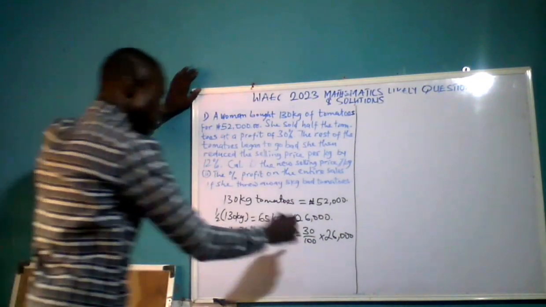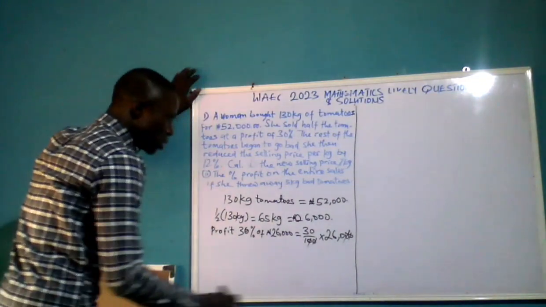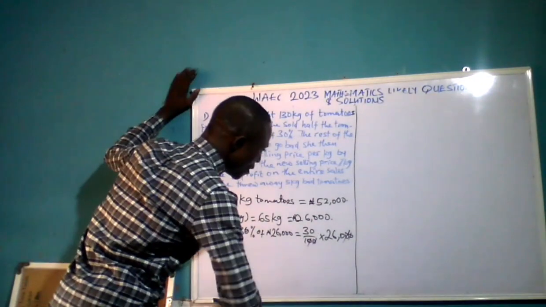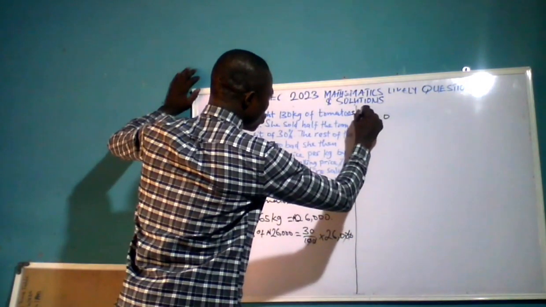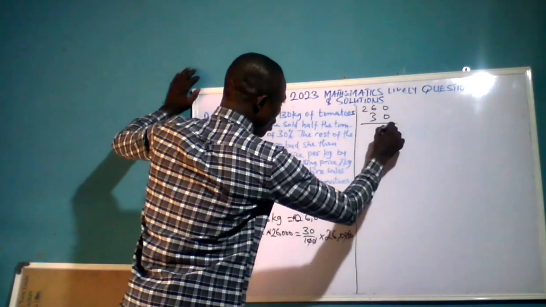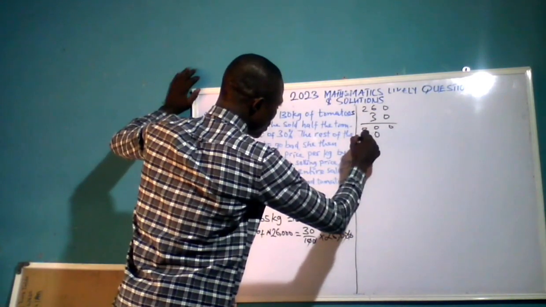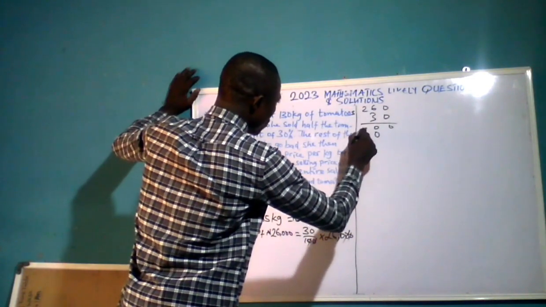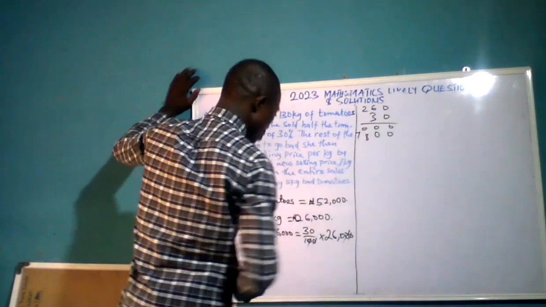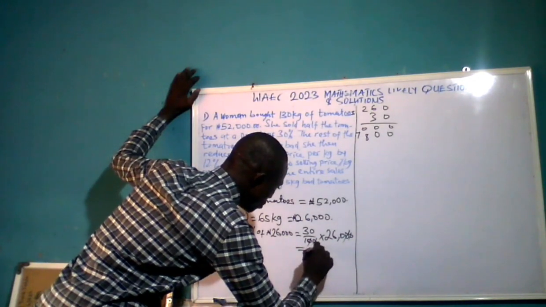Zero cancels zero, zero cancels zero, so we are left with 30 multiplied by 260. You have 0, 0, then 0, you have 18, so you write 8, remainder 1, you have 6, 6 plus 1, that's 7, so you have 780. So 780 is the profit made on the half of the tomato.